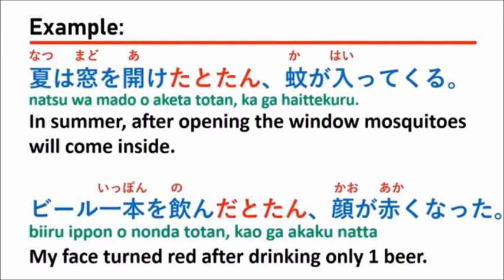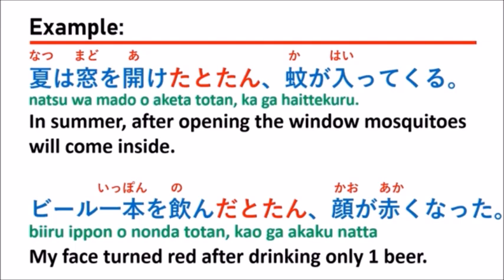The first situation happened, and after that the second situation happened. Here, our first situation is biru ippon nonda Totan. It means you just drank one beer, and your face turned red.